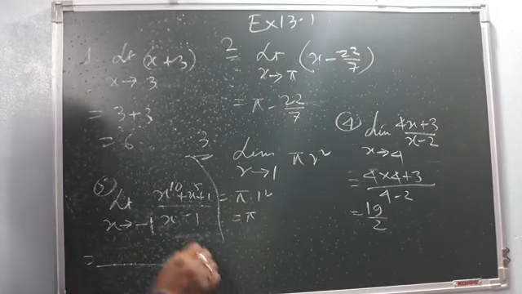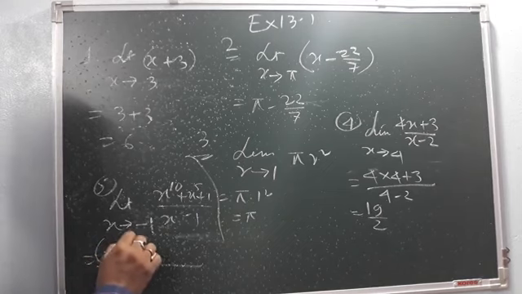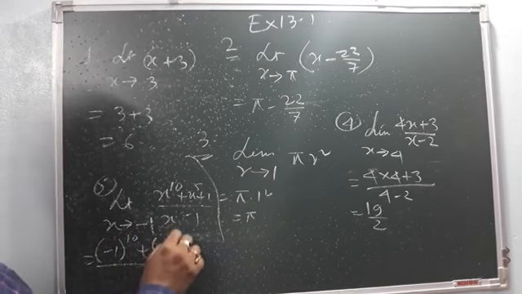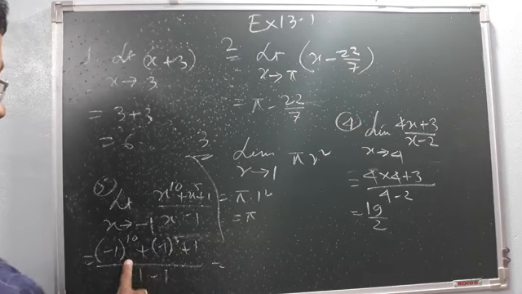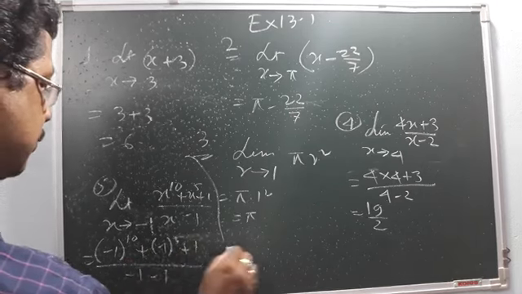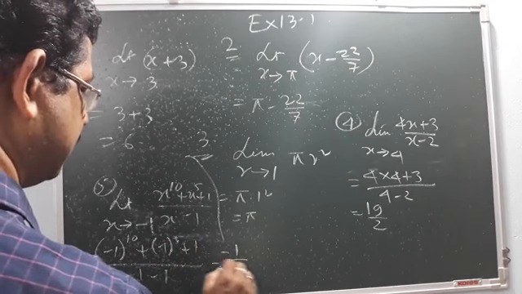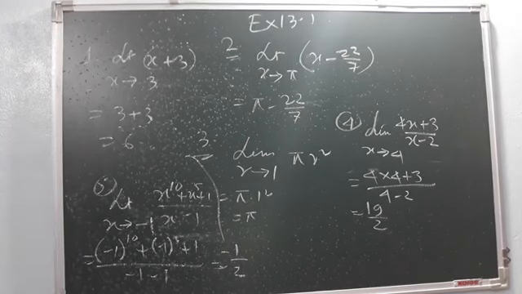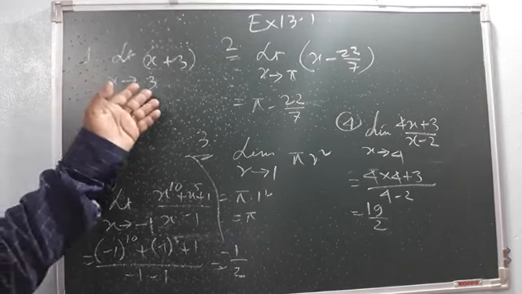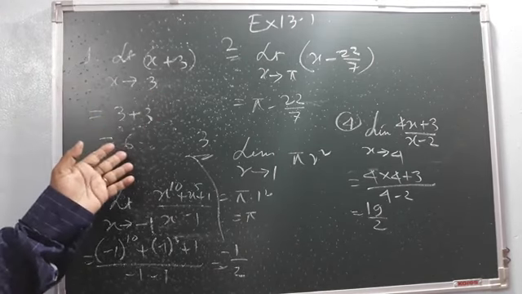So students, if you draw again, minus 1 to the power 10, minus 1 to the power 5 plus 1, over minus 1 minus 1, this is plus 1, this is minus 1, cancel, and it is minus half. Now I want to again speak in other language. Here you remember, when you draw the limit, what you have to do? Only you replace x by its limit value.